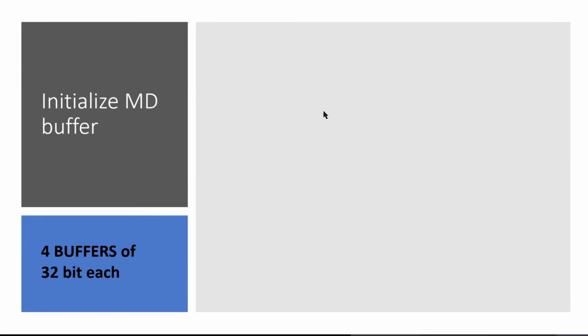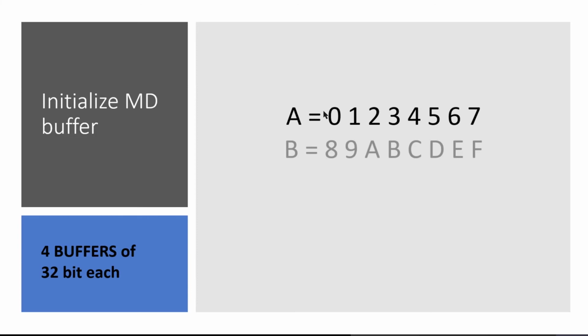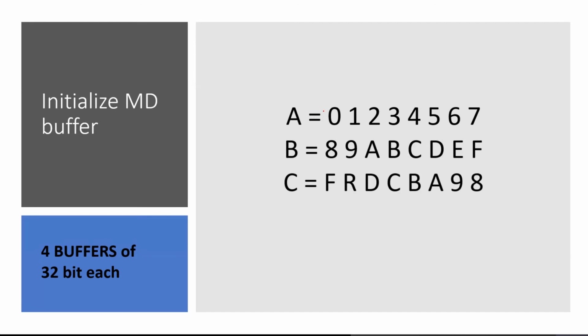Let us understand what a buffer is. Buffer is nothing but 4 blocks: A, B, C and D. The value of A is 0 to 7, that is 0, 1, 2, 3, 4, 5, 6, 7.